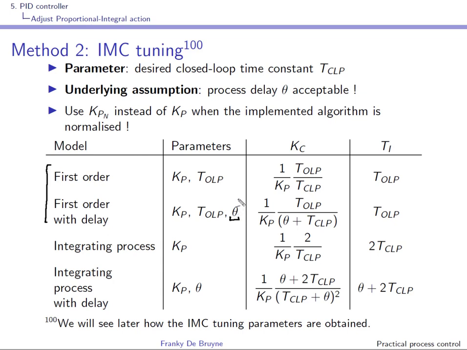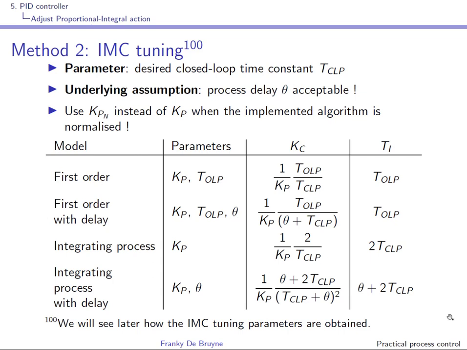If theta increases here, Kc will be decreasing for the PI controller associated with this first order system with delay. So you can kind of see that these formulas make sense.